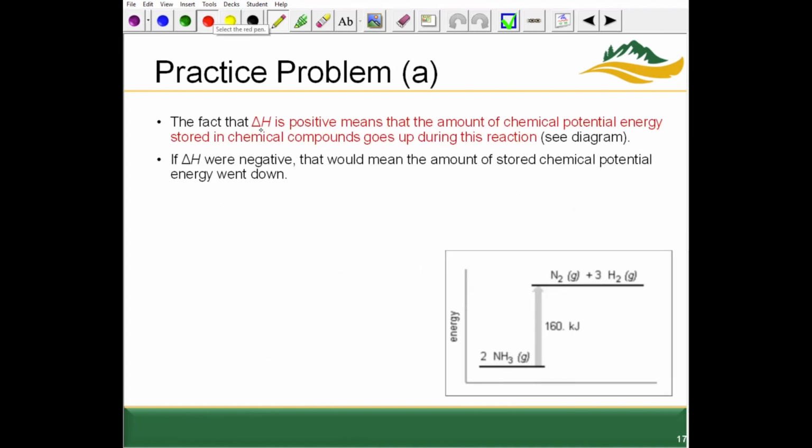We should notice right away that the change in enthalpy value is positive. For a change in enthalpy value, we know that is products minus reactants. For an endothermic process, there is an energy gain over the course of the reaction. That means our reactants start out at a lower enthalpy or energy than the products. There's a gain or an absorption of energy throughout the reaction.